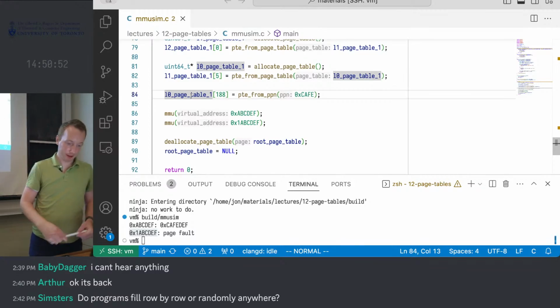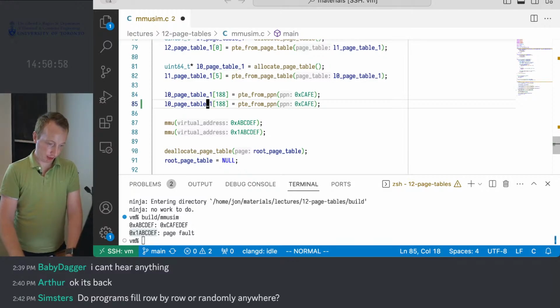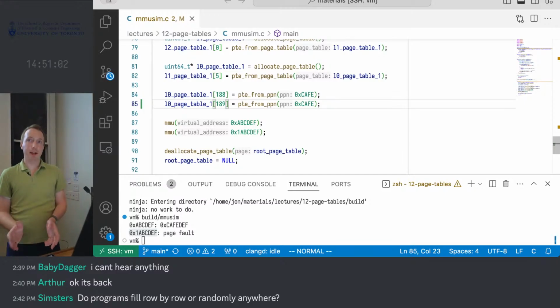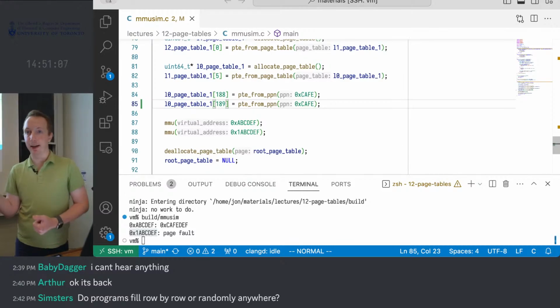All right, well, what about if I wanted to do, let's do a brain buster. So what happens if I put an entry to there? So what address would I need to have to use that?